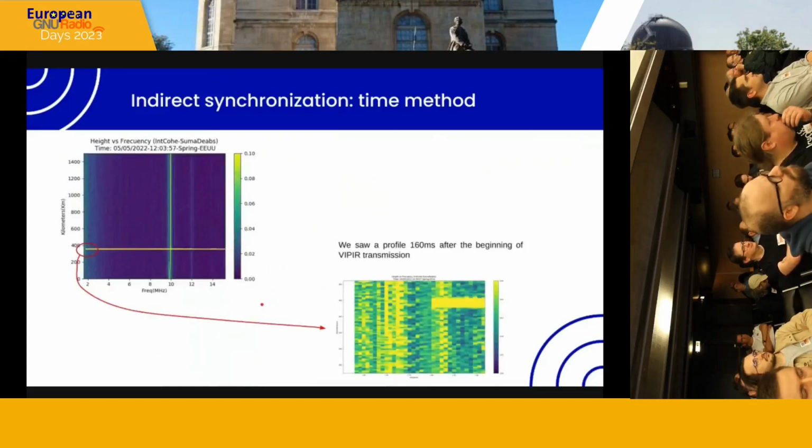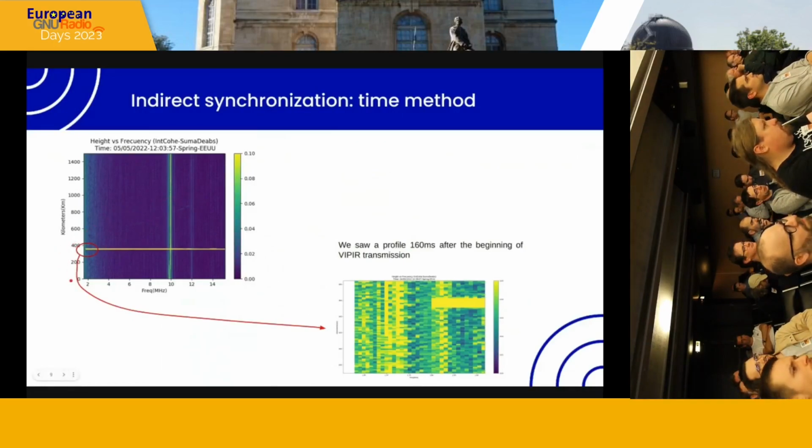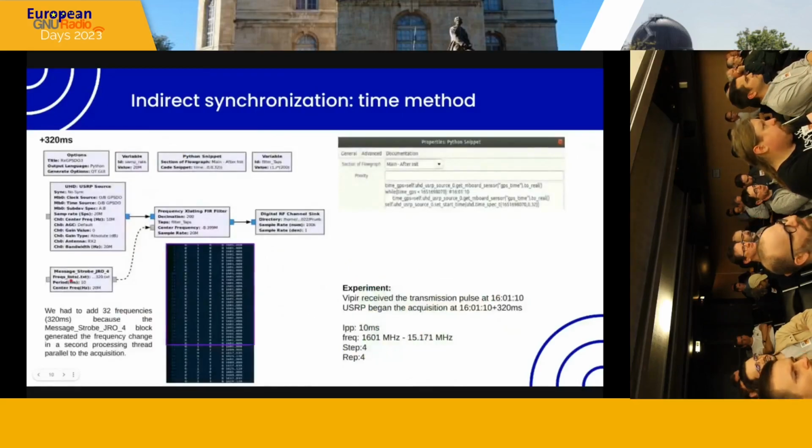What we got was that we could see the reference level, but we didn't see it at zero level. Also, we didn't see a very good profile of ionospheric echoes. And also we didn't see a good height, as I said. Next, we have to add more time, in this case, 120 milliseconds.